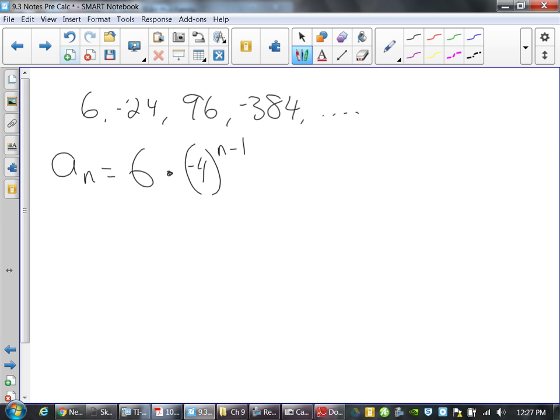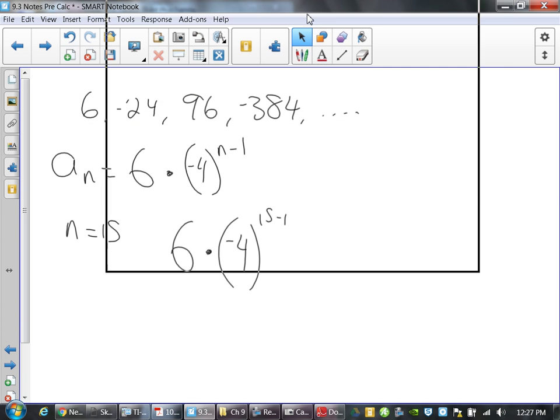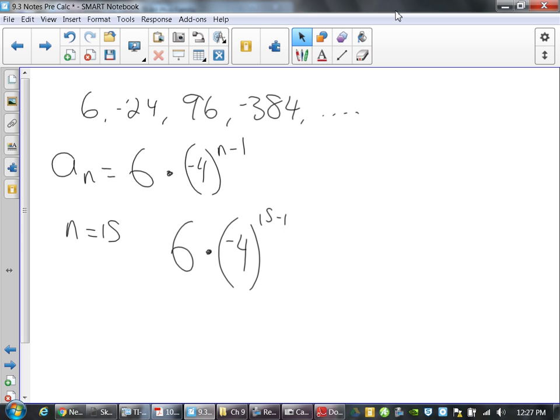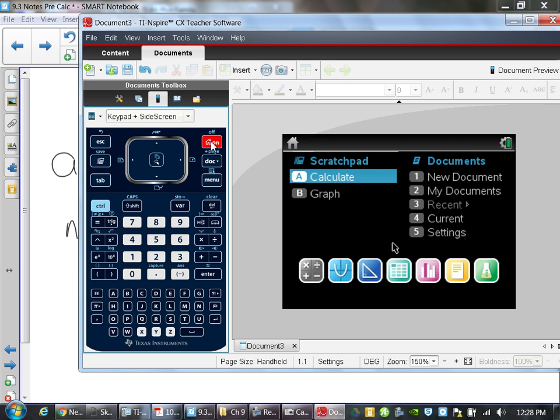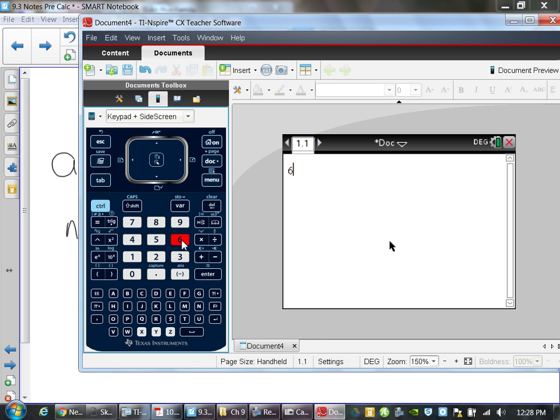So if I wanted to figure out the 15th term in that sequence, in my calculator I would type in 6 times parentheses negative 4 to the 15 minus 1. What was our exponent? 15 minus 1.